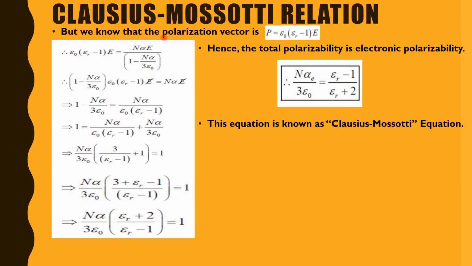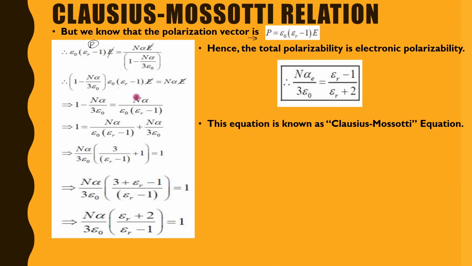But we know that the polarization vector P is equal to epsilon naught times epsilon r minus 1 times E. Now we will place this in that place, because that was P equal to n alpha E. So we will place this formula in this P. When we place this, E cancels out, and we will take this one to this side, we get this thing.